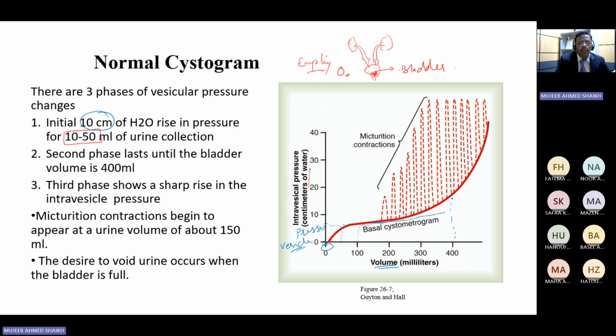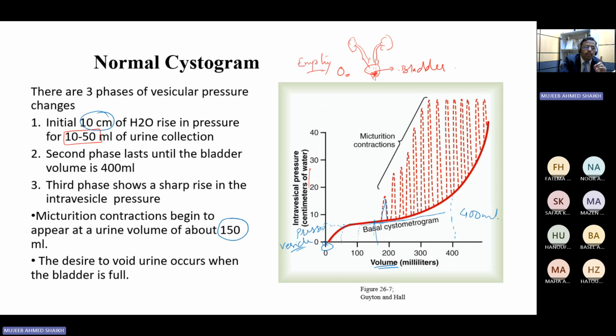till 400 ml of the urine is collected. But before that, when around 150 ml of the urine is collected, the person will start to feel the contraction of the bladder for the first time.